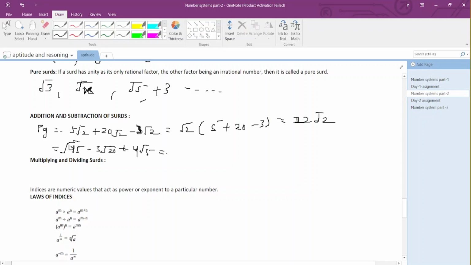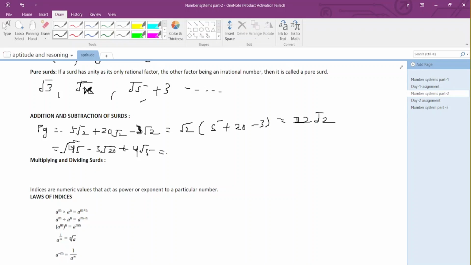So how can we solve these kinds of questions? In this question we don't have any common factor, right? So how can we solve this? Just observe: 45 we can write as 9 times 5, so root 5 is there. In the same way root over 20 we can write as 4 times 5, right?